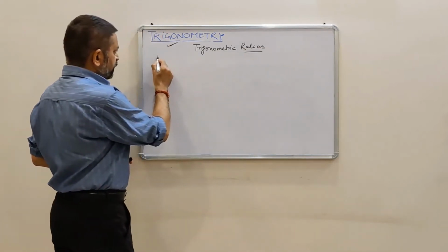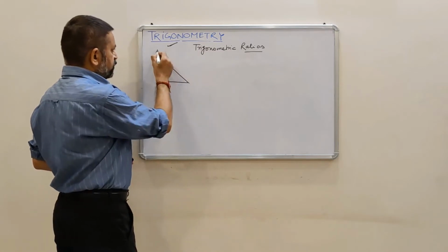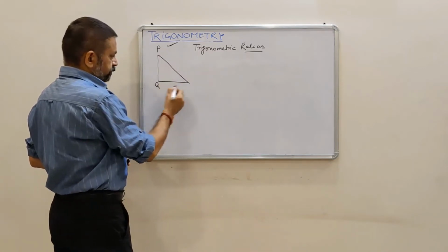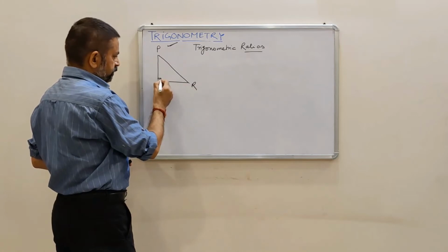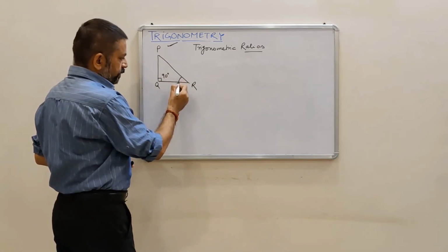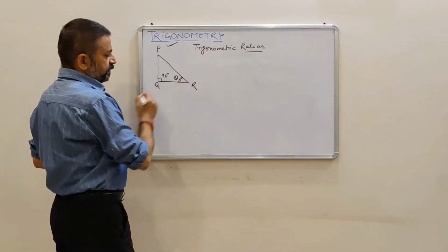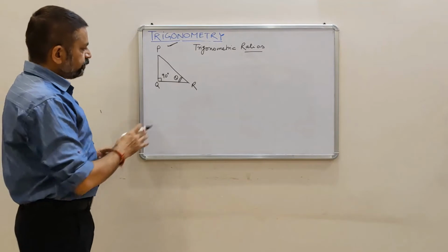So we have one right angle triangle PQR, right angle at Q. I'm giving this angle R the name theta.